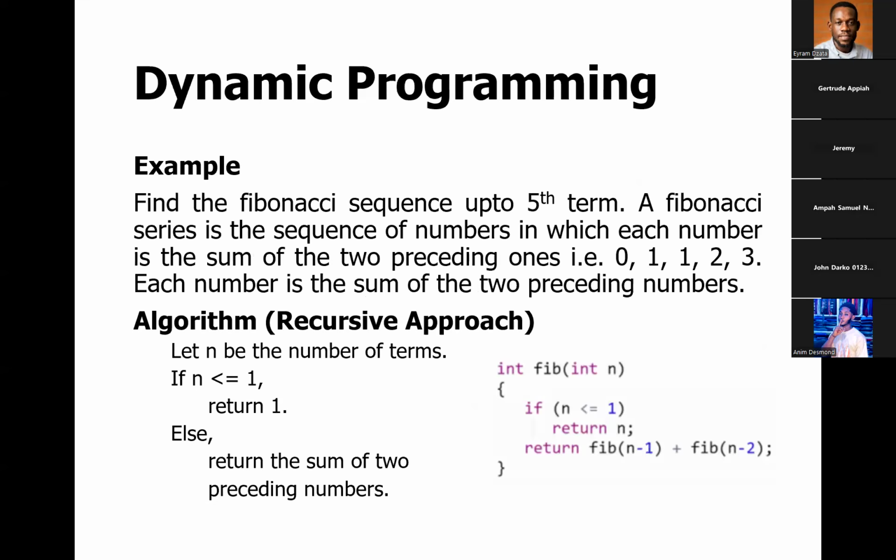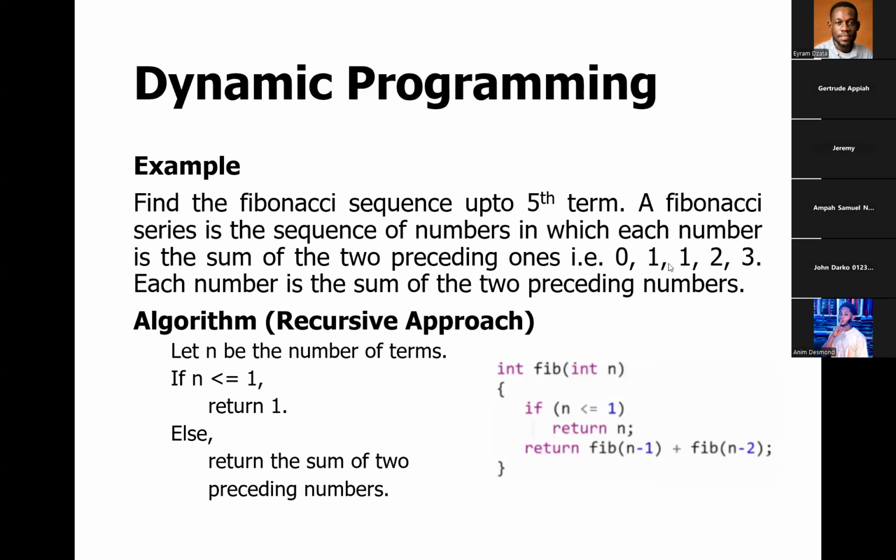Now, let's look at this example. The last time we talked about the Fibonacci series. Now, to find this sequence up to the fifth term, we know the sequence 0, 1, 1. You start from 0, then 1, you add 1, you get 1.